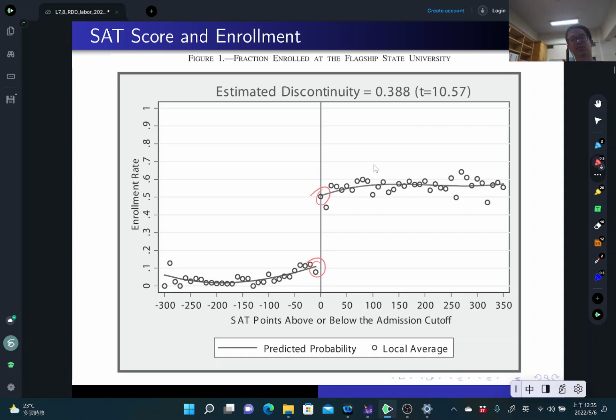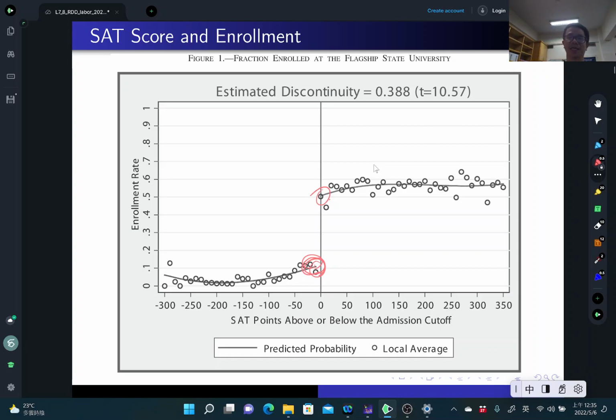But it does not change from 0 to 100%, because some people who are eligible to go to the good school decide to go to another school. This also shows that the SAT score cannot fully determine whether they can go to the good school or not, because some people who are just below the SAT minimum score for admission can still enter the good schools.